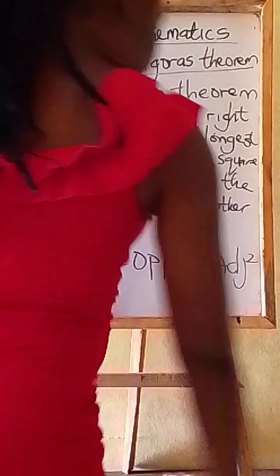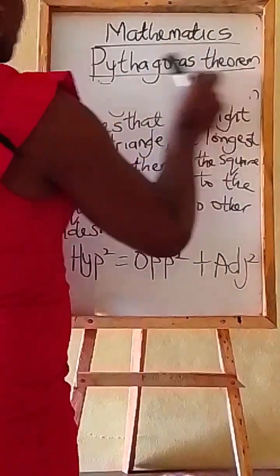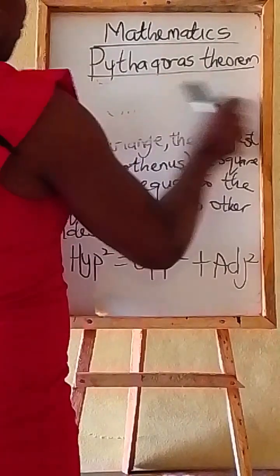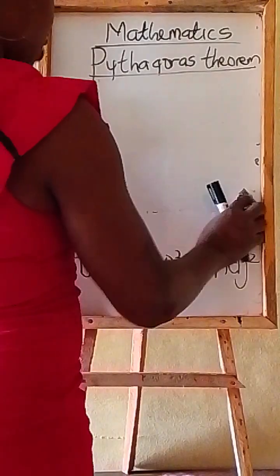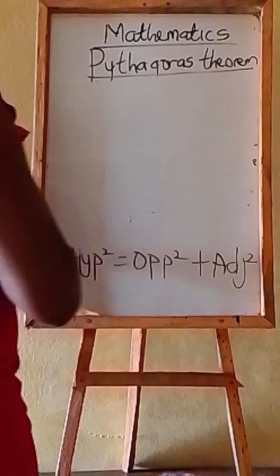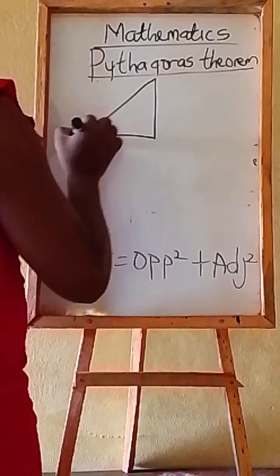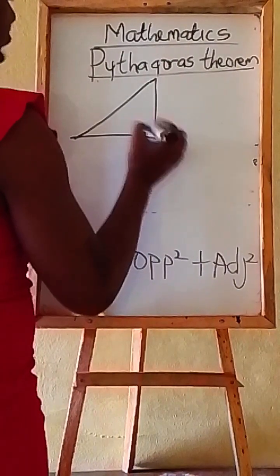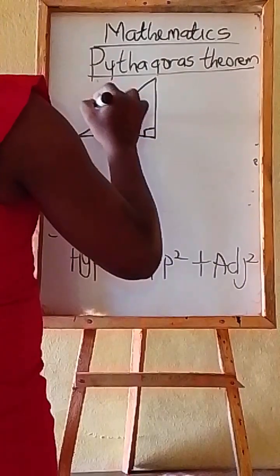What I'm trying to explain is that when you have a right angle, let's have a right angle triangle. This side is the longest side.